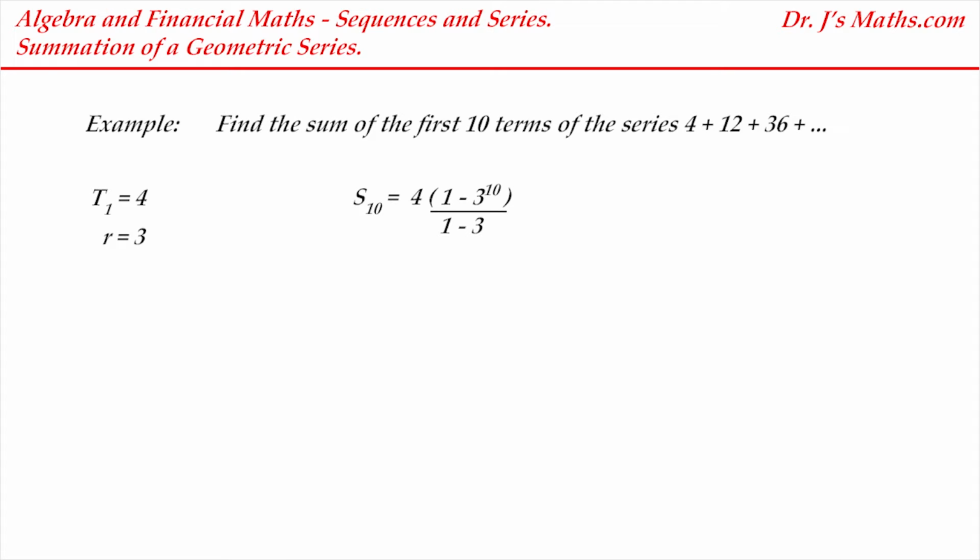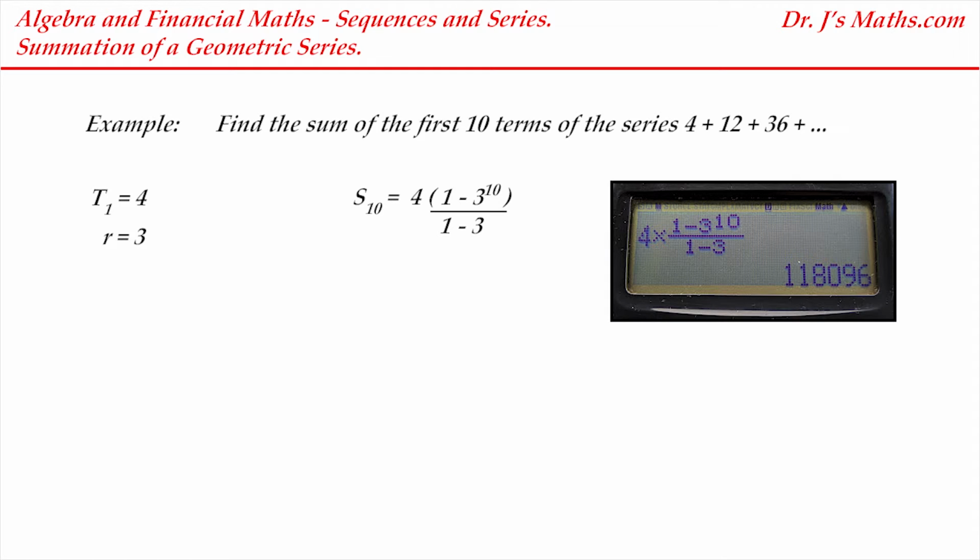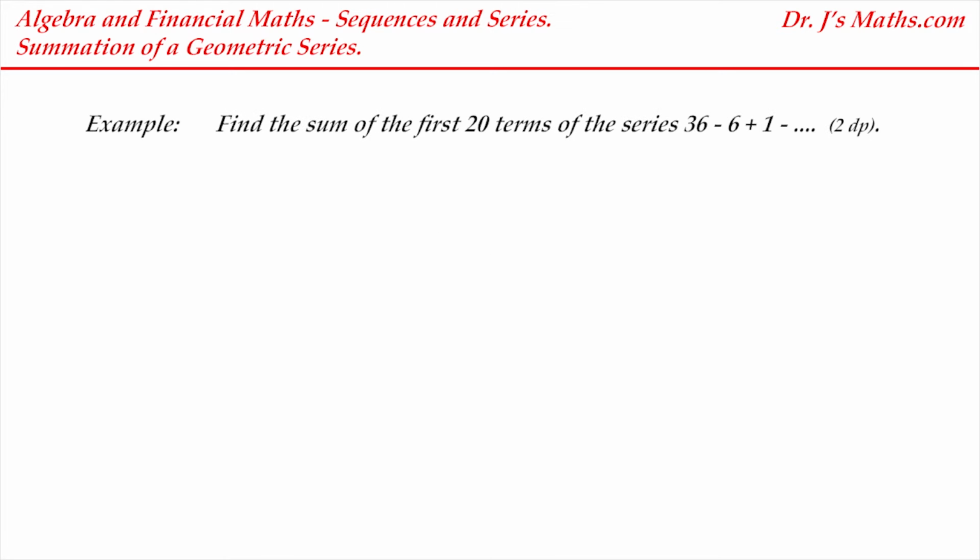The sum of 10 terms is equal to the first term, 4, times 1 minus the ratio, 3 to the 10th, over 1 minus 3. Put that in your calculator, as you can see in the diagram, and you get 118,096. Really straightforward.